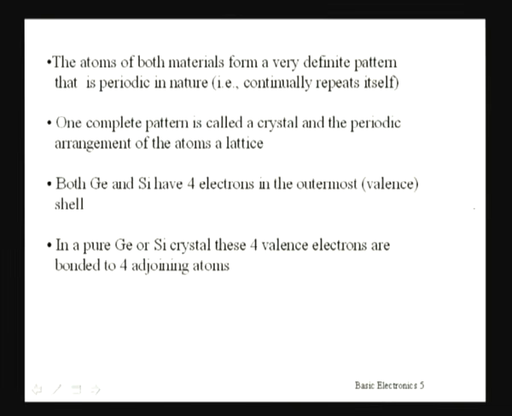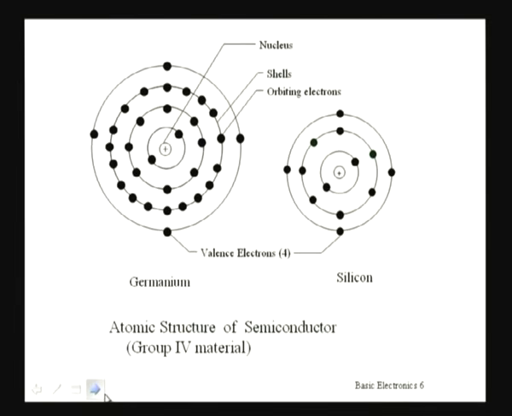In order to complete the structure of an inert gas, they will always try to complete 8 electrons in the outermost orbit. So in the pure germanium or silicon crystal, these 4 valence electrons will be bonded to 4 neighboring atoms, as is shown in this diagram.